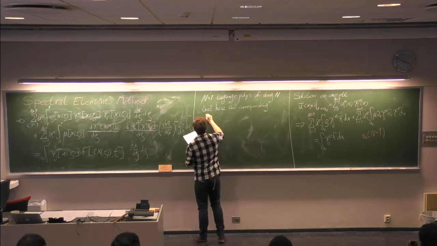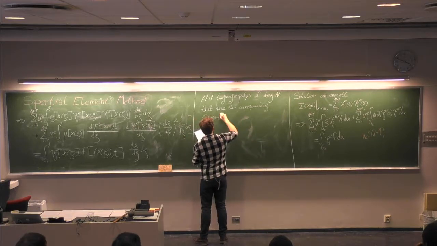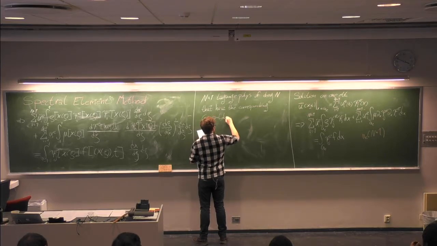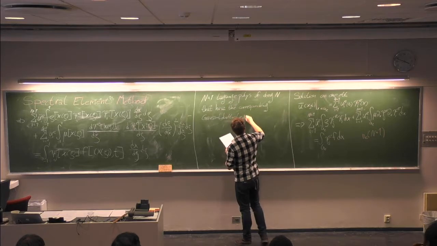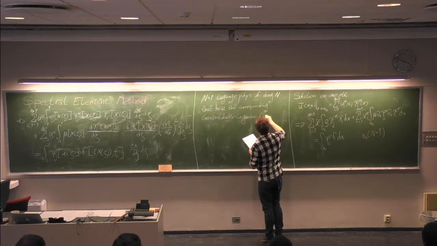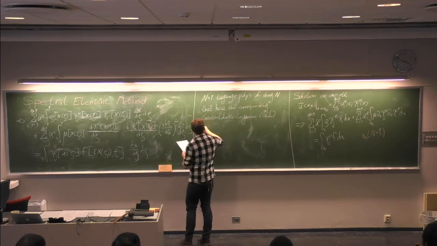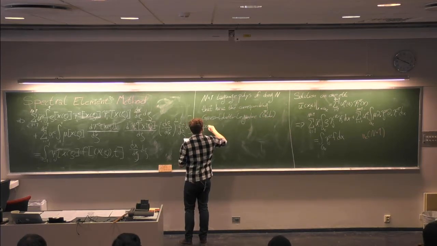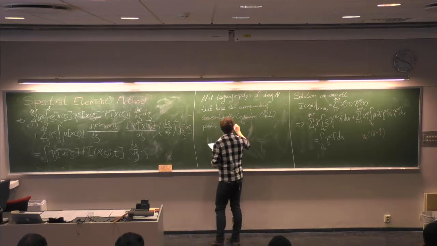I'm going to write this in full. Gauss-Lobato, or GLL points as collocation points.